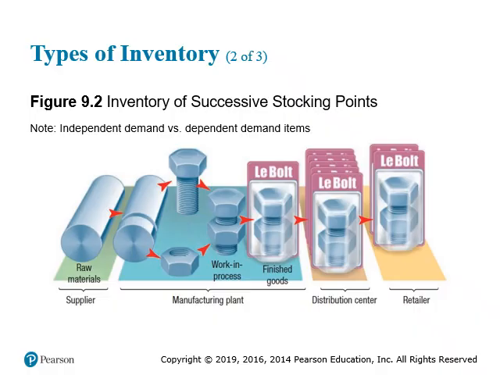As you look at this, you'll see a couple of things. The first thing you're going to see is that between the retailer and a distribution center, and maybe even the manufacturing plant, there's some redundancy in the inventory of finished goods. And it may be possible through supply chain strategies for us to reduce the need for this redundancy.